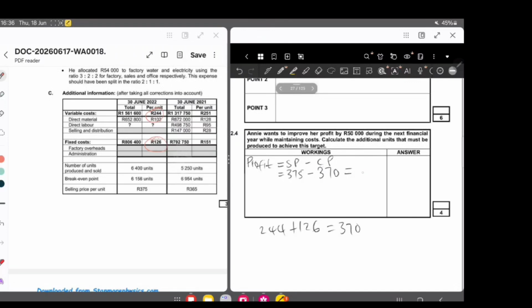So it means she's making a profit of 5 rands per item that she produces, per unit. So for her to make a profit of 50,000 rands, you divide by the 5 rands per unit. Then it means she needs to produce 10,000 more units.